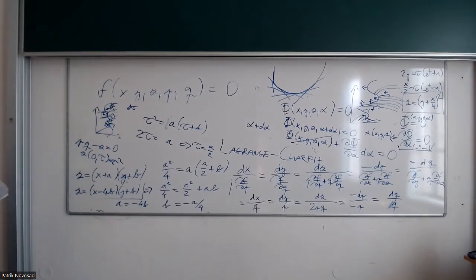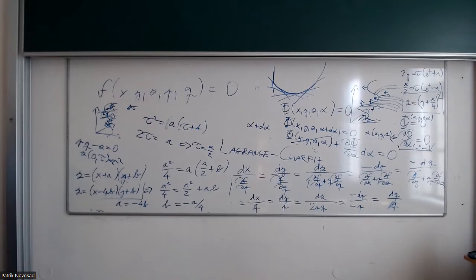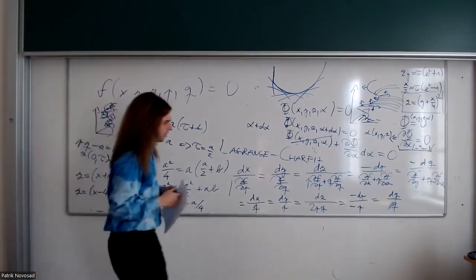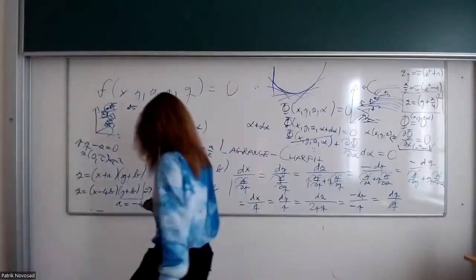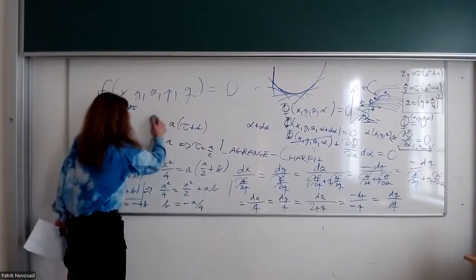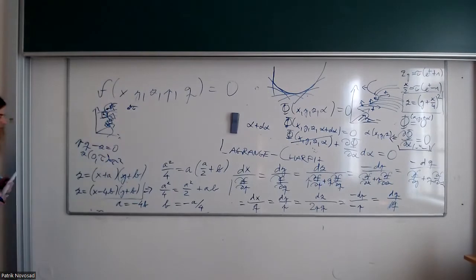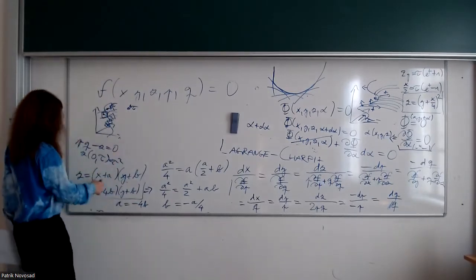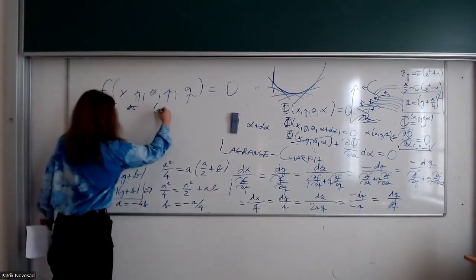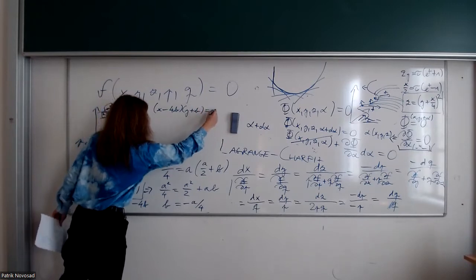So now we have the one parameter family, and we can obtain the solution by making an envelope of this one parameter family, and that's not hard. We have the equations for that. Essentially we have x minus 4b times y plus b equals 0.